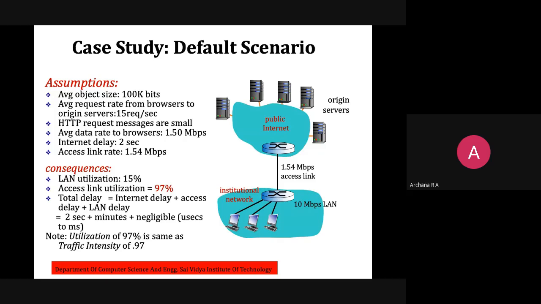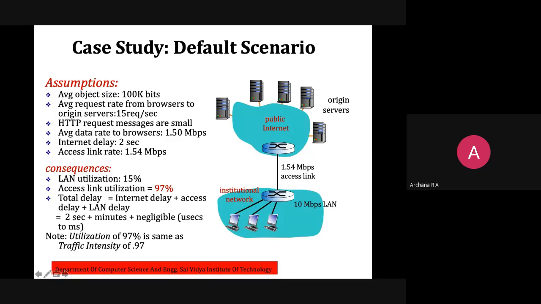In the case of the local area network, only 15% delay will be there, whereas in the case of the access link there will be 97% delay. The total delay is given by the internet delay, access delay, and the LAN delay together.